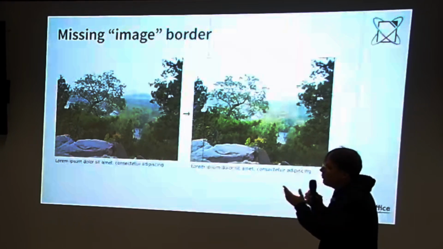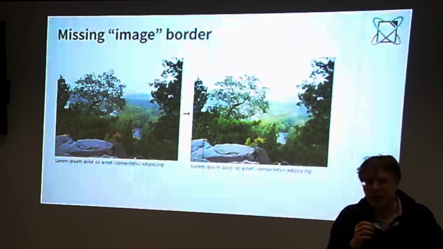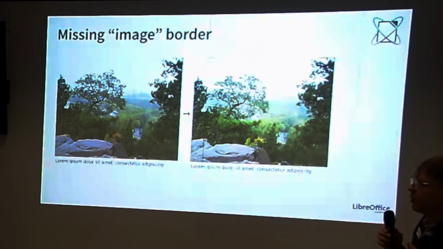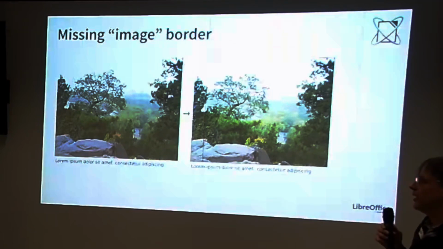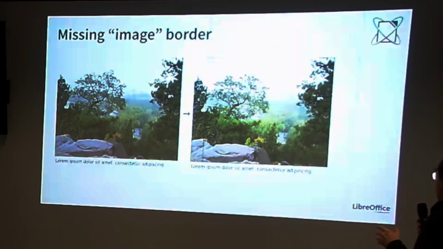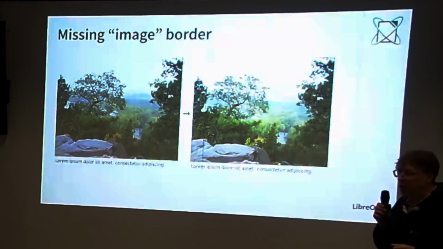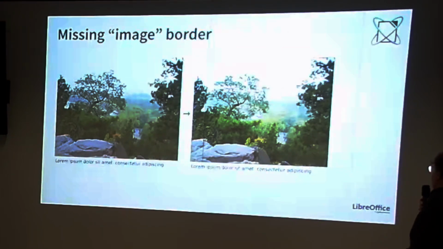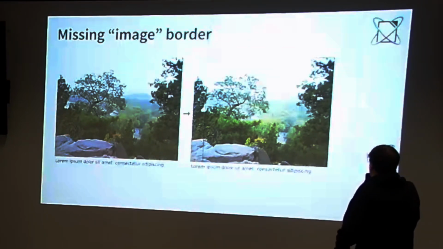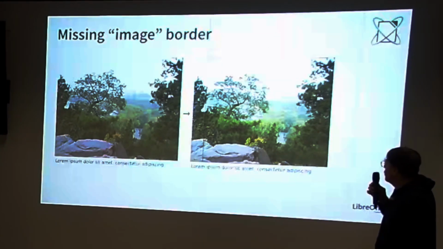So the solution was also very simple, simple because of the code. It was a very special code part only for Windows documents, related to interoperability. And I changed the order of two lines, and later I got a correct border around the picture.